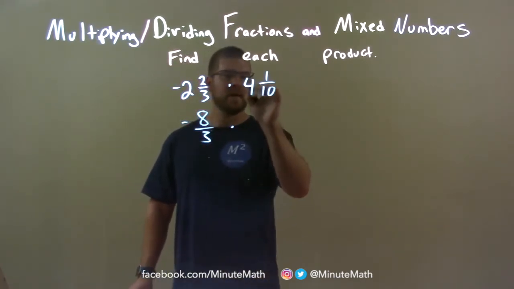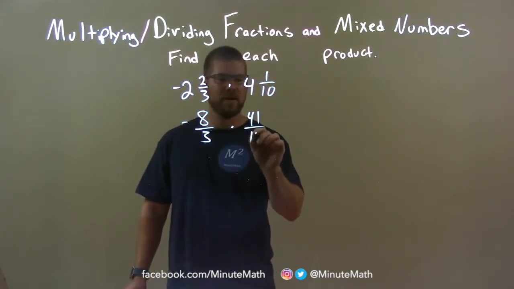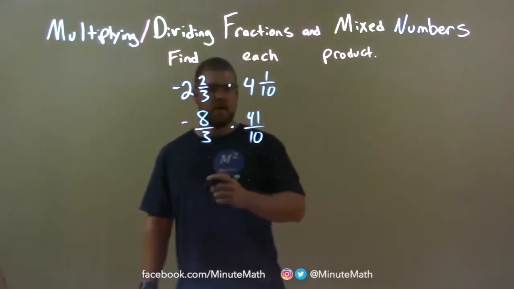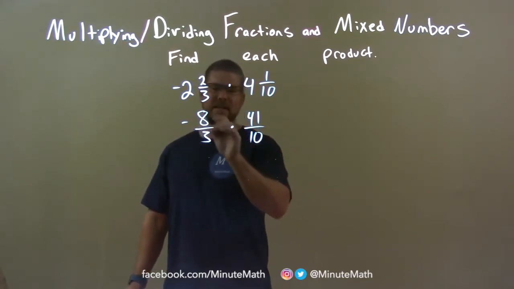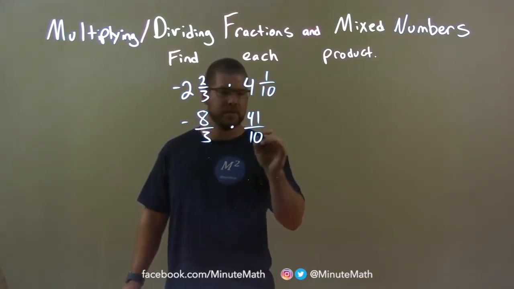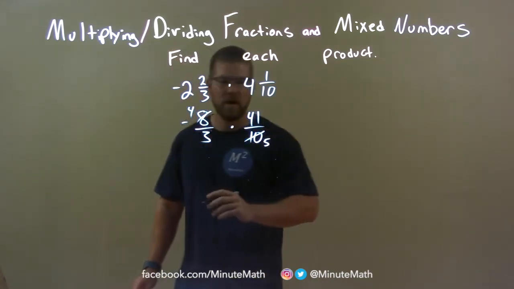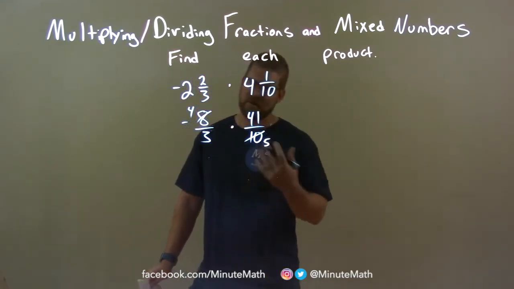Times 10 times 4 is 40, plus 1 is 41. 41/10. Okay? So now what I do is before I multiply these out and then bring it back down, I see 10 and 8 are both divisible by 2. So 10 divided by 2 is a 5, and 8 divided by 2 is a 4. That, I think, helps make it easier when we're doing our simplification later.